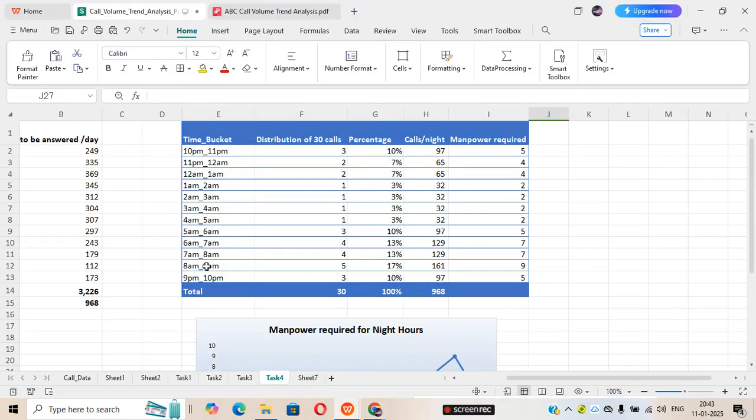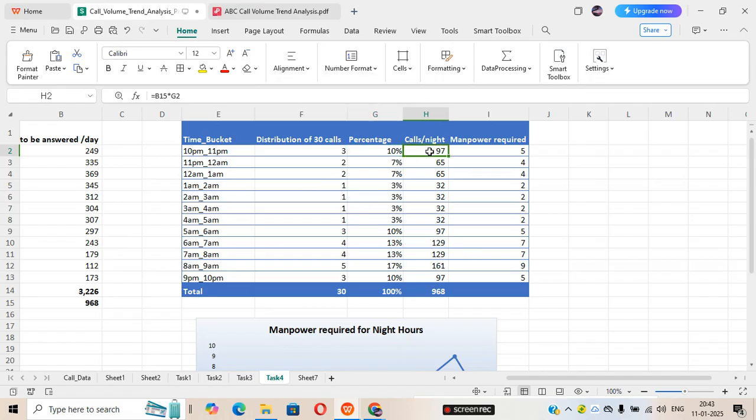I can take these time buckets and the distribution of calls which they give. After that, we have to calculate a percentage for it by dividing each cell by the total. We'll get the percentage for each time bucket.